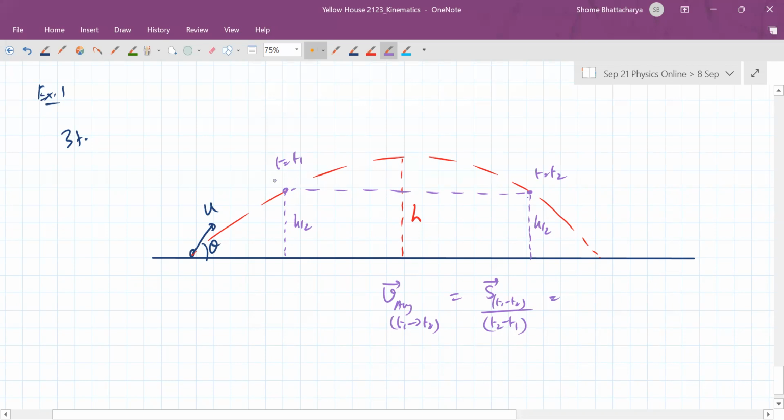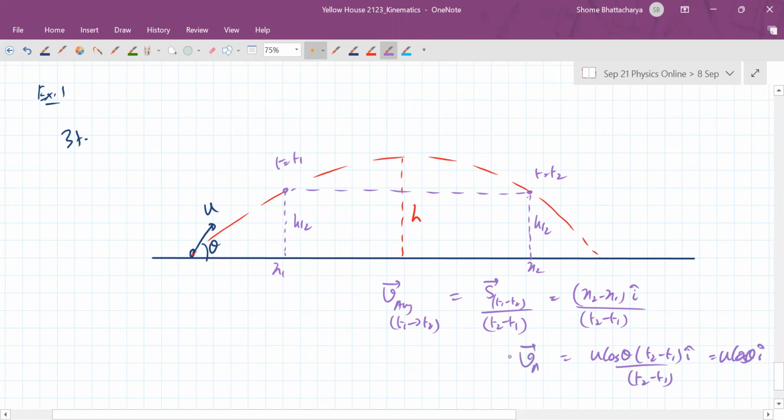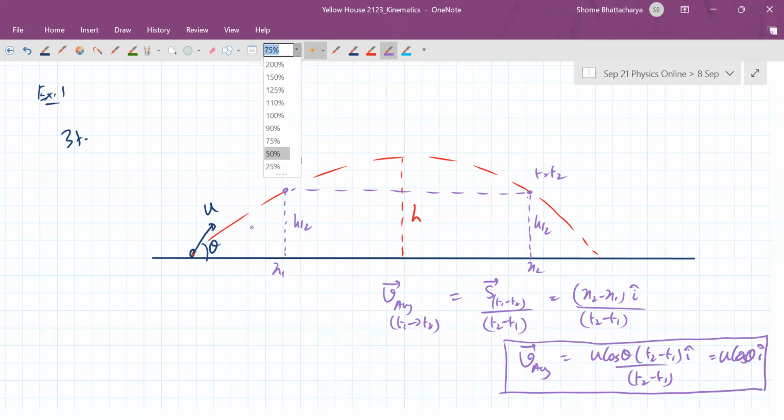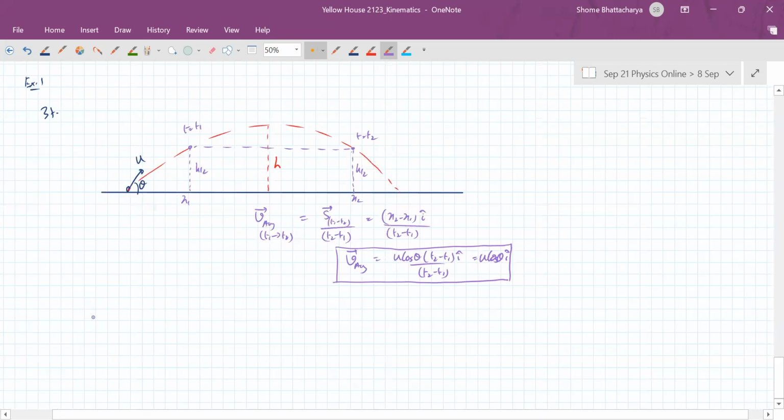If this coordinate is x1 and this coordinate is x2, it is x2 minus x1 I cap upon t2 minus t1. So you know that it is u cos theta. Sir, I got this answer: u cos theta I cap. This should be the average velocity. So you don't really need to solve for t1, t2; you can just understand it from the definition of average velocity, that it is displacement upon time.